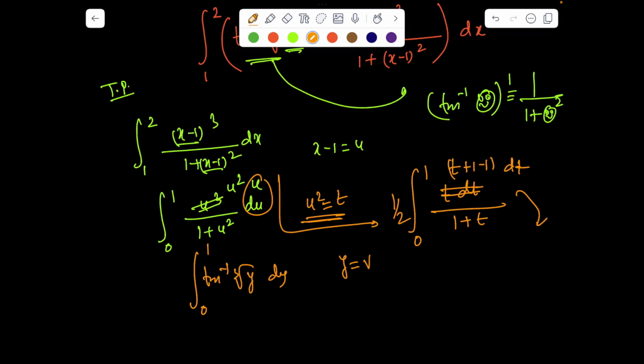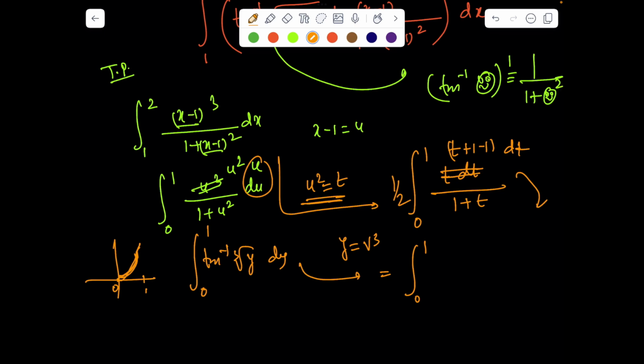We make a substitution y equals v cube, which is legal because 0 to 1 is still one-one. So when you make a substitution, make sure it's a bijection. It's going to give tan inverse v times v square times 3v, and this can possibly be handled with integration by parts.